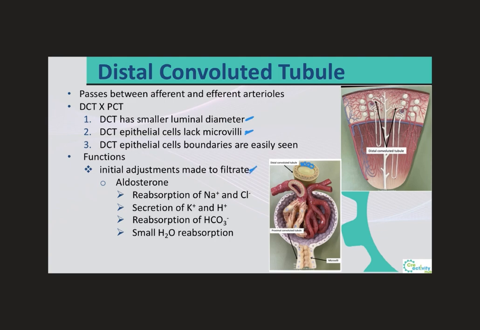Remember, the filtrate is the fluid that was initially filtered from the glomerulus, or actually from the blood that's entering the glomerulus. And under the influence of the hormone aldosterone, the sodium is going to be reabsorbed, followed closely by the chloride ion, and then potassium and hydrogen ions are going to be secreted into the tubule, and almost all remaining bicarbonate is going to be reabsorbed.